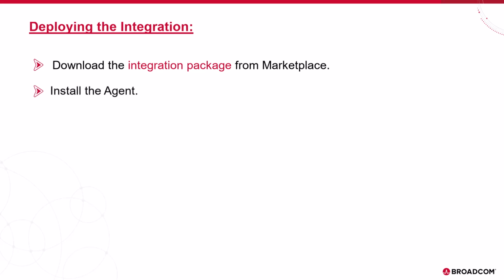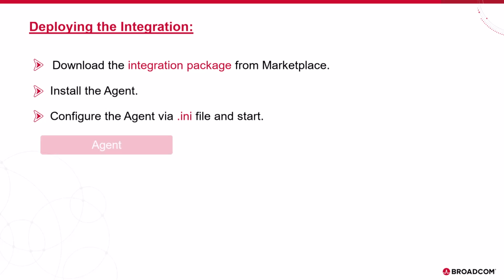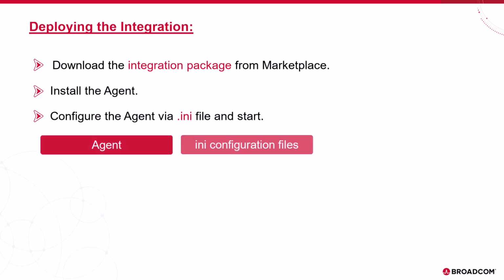The procedure to deploy the Azure Functions integration is as follows. First, we download the integration package from Marketplace. This package contains all the necessary elements. We unzip this package, which produces a directory containing the agent, the INI configuration files, and several other items, like the start command.